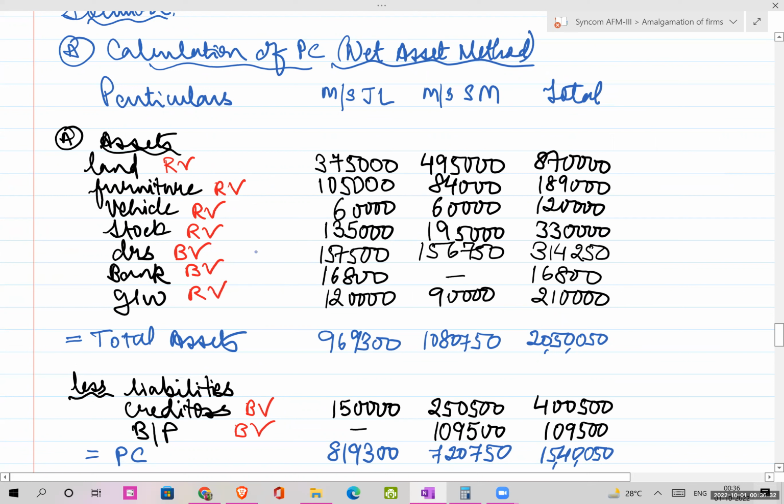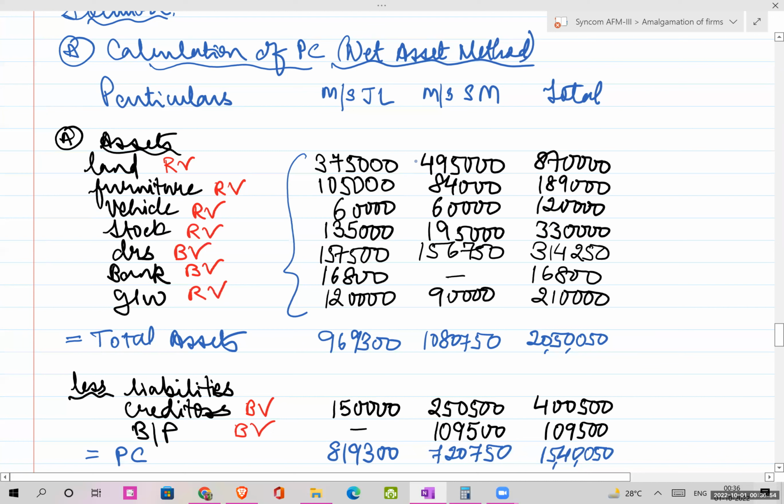So this is the list. So revised value तो आपको दिया हुआ है adjustment में, ये रहे सारे revised values, और book value आपको balance sheet में दिया हुआ है. ठीक है. तो अगर कुछ नहीं बोला है तो book value, अगर values दी हैं तो वो revised value हो जाएगा. ओके. सो दिस इज द लिस्ट.